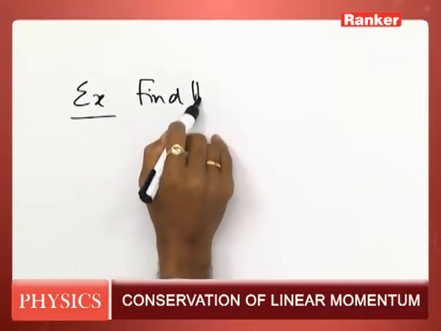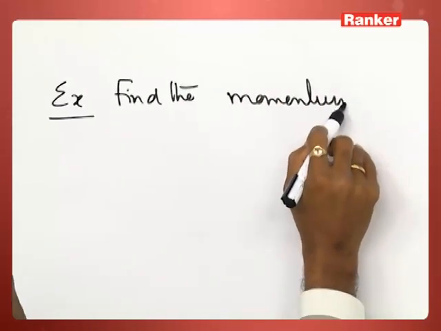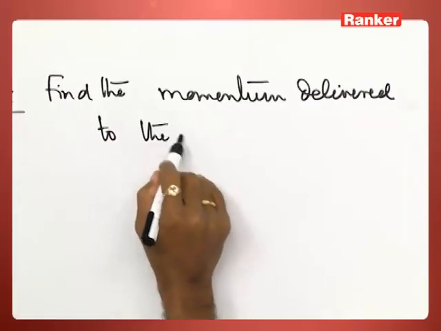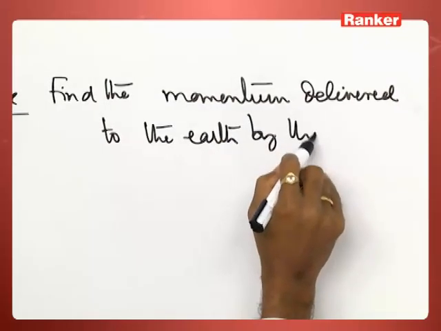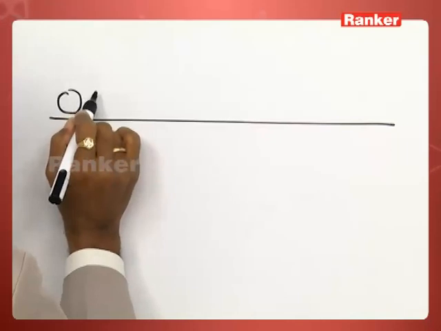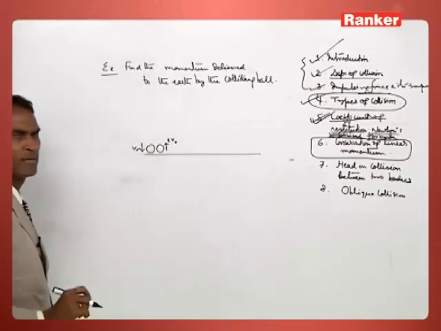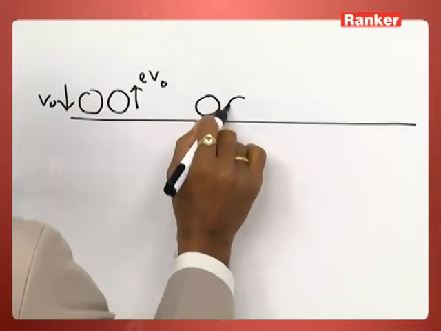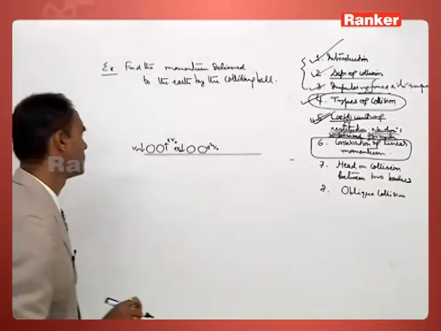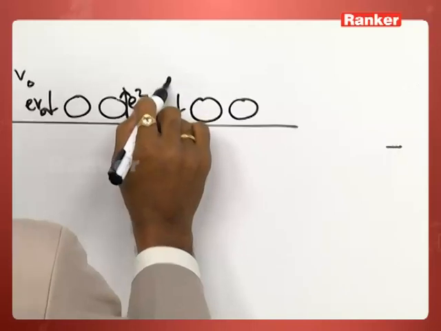Find the momentum delivered to the earth by the colliding ball during the first collision, during the second collision, during the third collision.